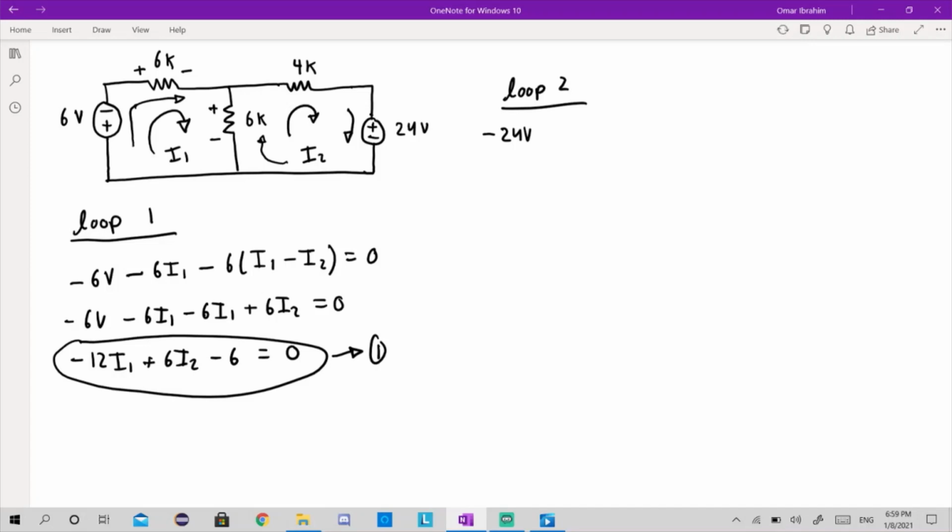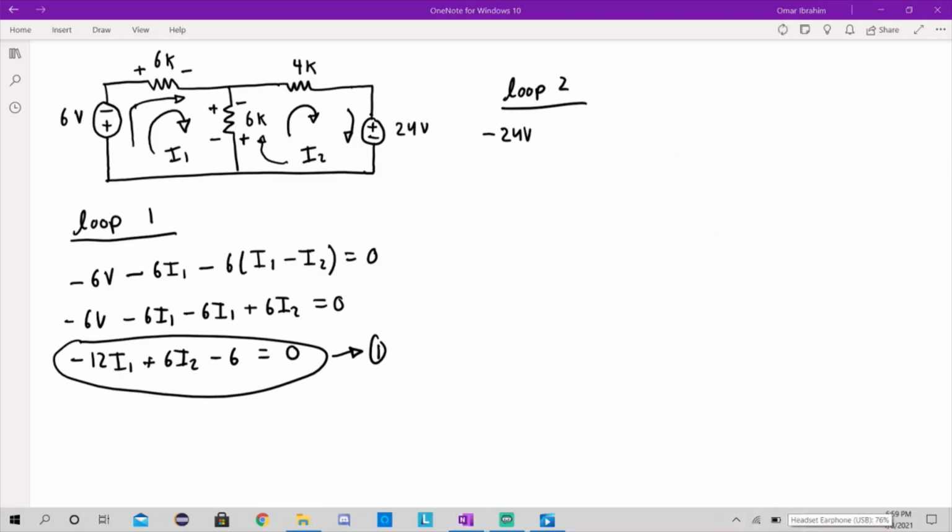The current that's affecting this resistance is both I1 and I2. But this time we're in the second loop, so we're going to assume that I2 is dominant and the polarity is this way.